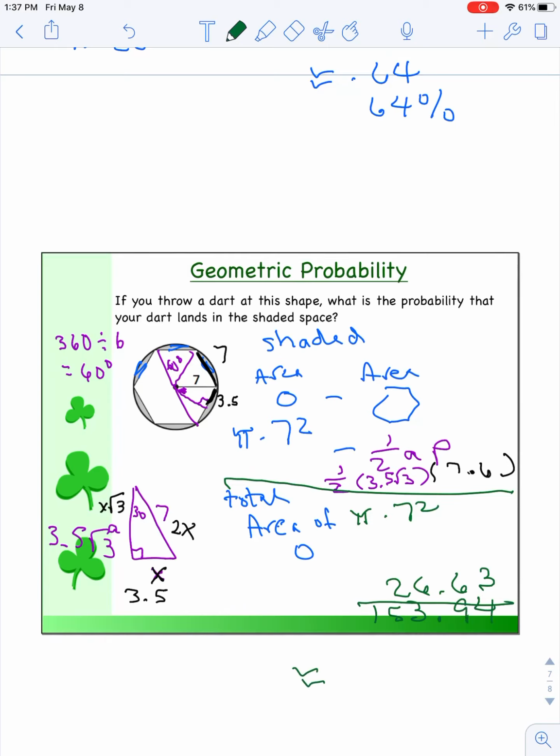So that gives us 0.173 or 17.3%. All right. You may want to read through the textbook and look through some additional examples.